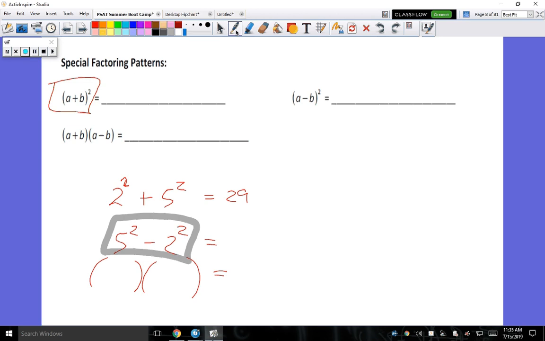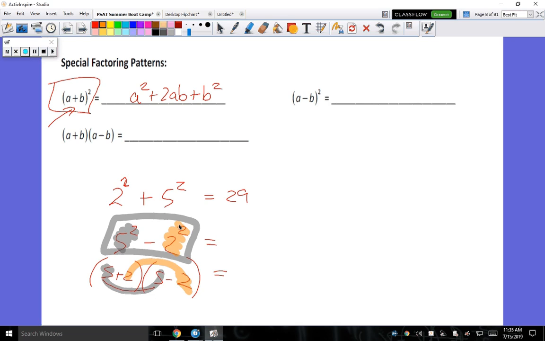Nice try though. It's not. You're thinking of something else. You're thinking of this. This is a squared plus 2ab plus b squared. 5 minus 2 times 5 plus 2. There we go. So 5 plus 2, 5 minus 2. Because look, 5 squared, look at the visuals, I'm trying to help you as much as I can, is the first one. 2 squared is the last one.